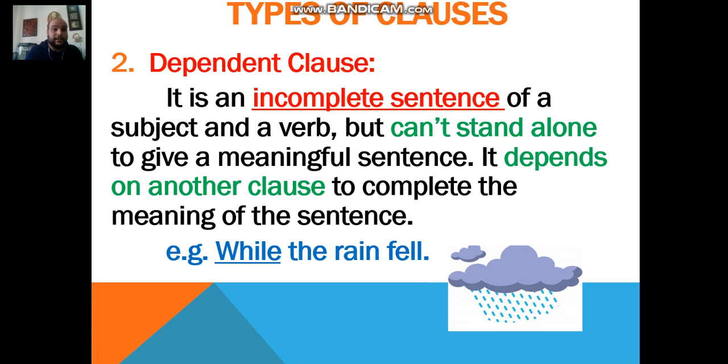I cannot understand. However, when I link it to the independent clause, I punished the boy because he was impolite. Good. Now I can understand that he was punished because he was impolite. So by itself, it's meaningless. When you link it to an independent clause, it's meaningful.